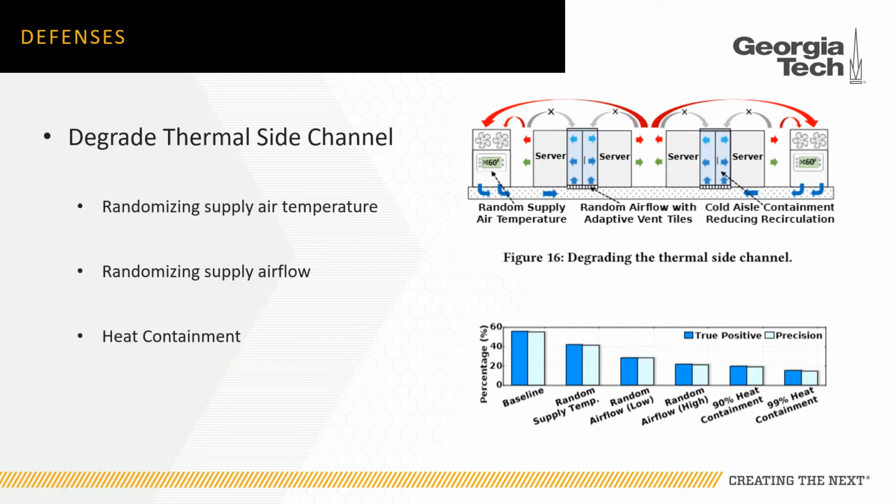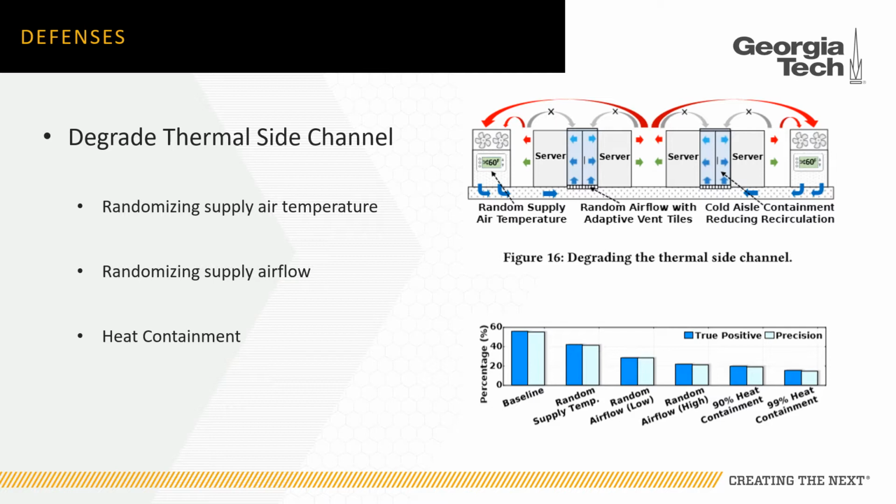Let's go through each one of these. Randomizing the supply air temperature means making variations in the air supply temperature. For example, on a typical data center, the data center temperature might be set to 60 degrees Fahrenheit. By randomizing the supply air temperature, the temperature set point will change at random intervals.